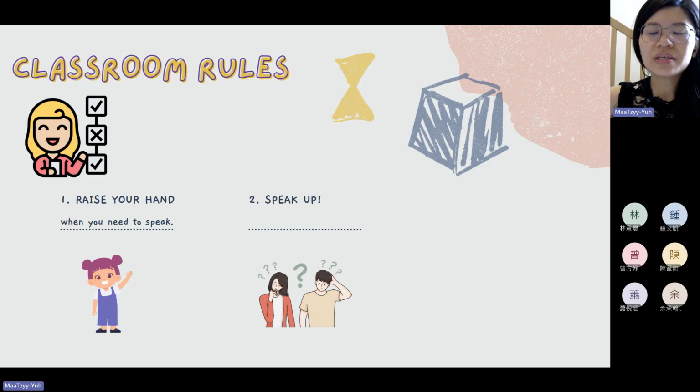There wouldn't be a lot of them, like 10 rules for them to follow, no. But is there something that you think is very important and that would help you manage your classes better? By managing your class better, I mean if the kids can behave in your class and if they can pay attention to you.